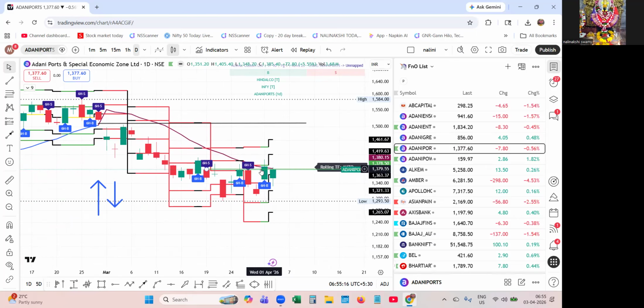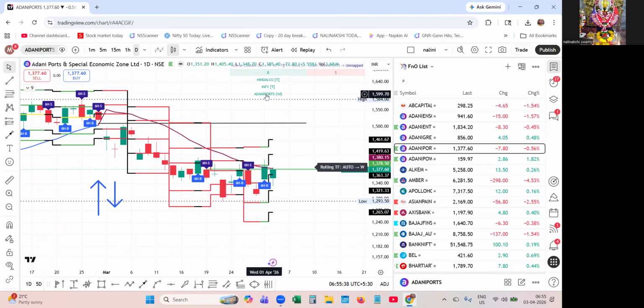And now, finally, my screener table gave me, yesterday, today is a holiday, Friday, these stocks that popped up in my screener table: Hindalco, Infosys, and Adani Ports.